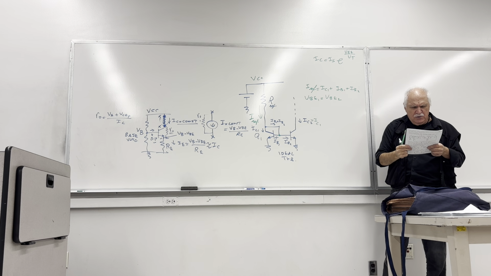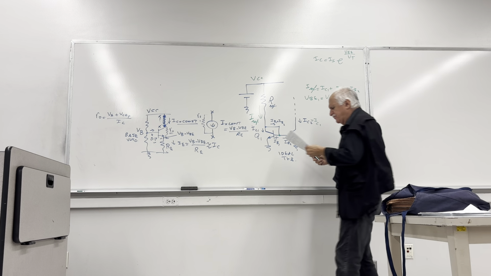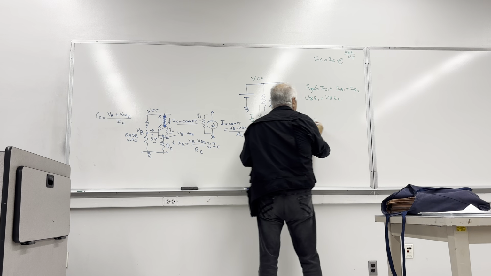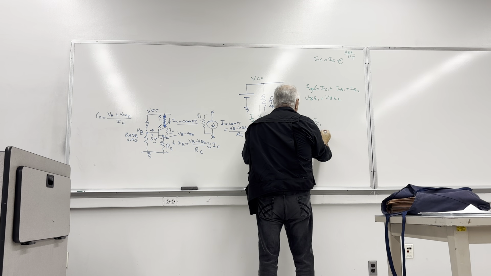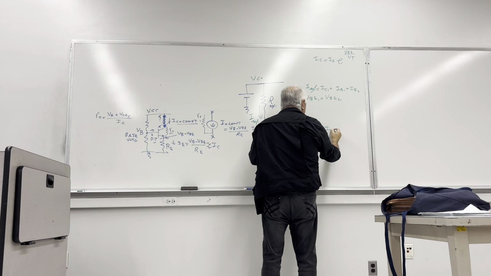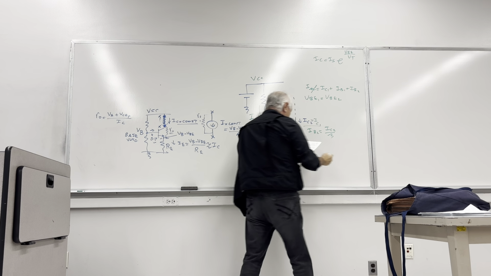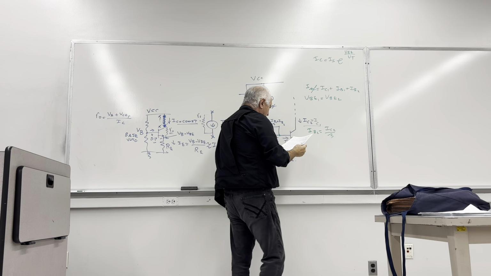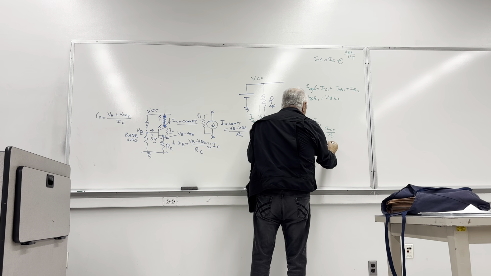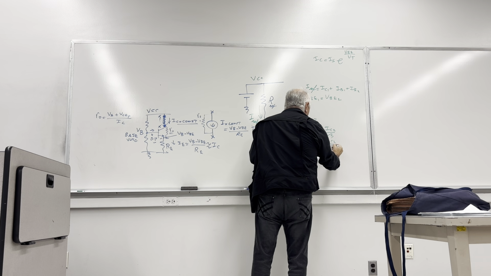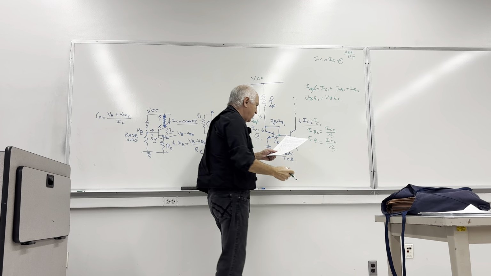Now, the fact that IC1 is equal to that, and IB2 is equal to IC2 over beta, doesn't matter which beta, then IB1 will also be equal to IC2 over beta.